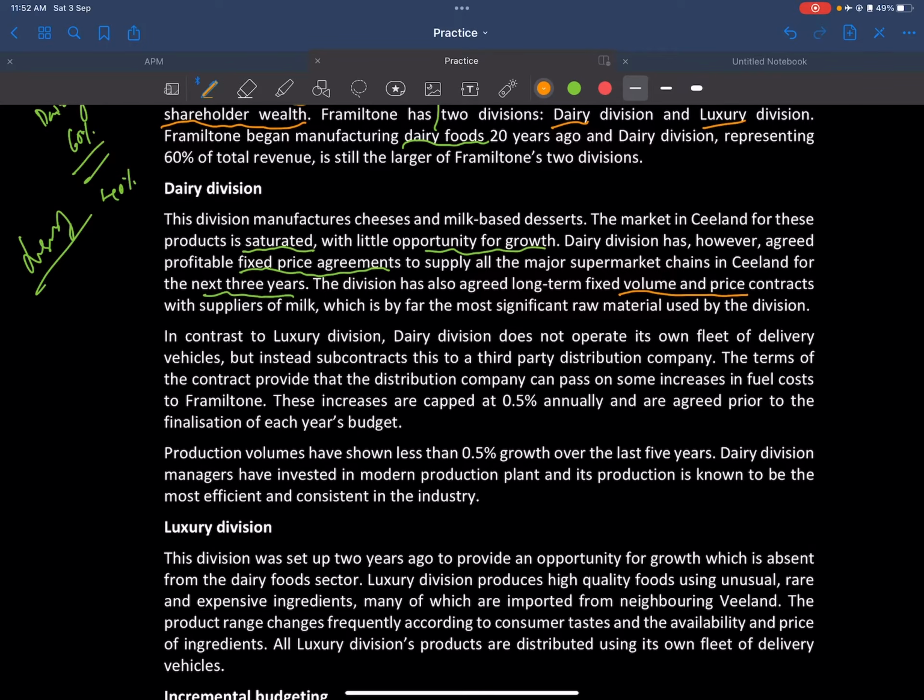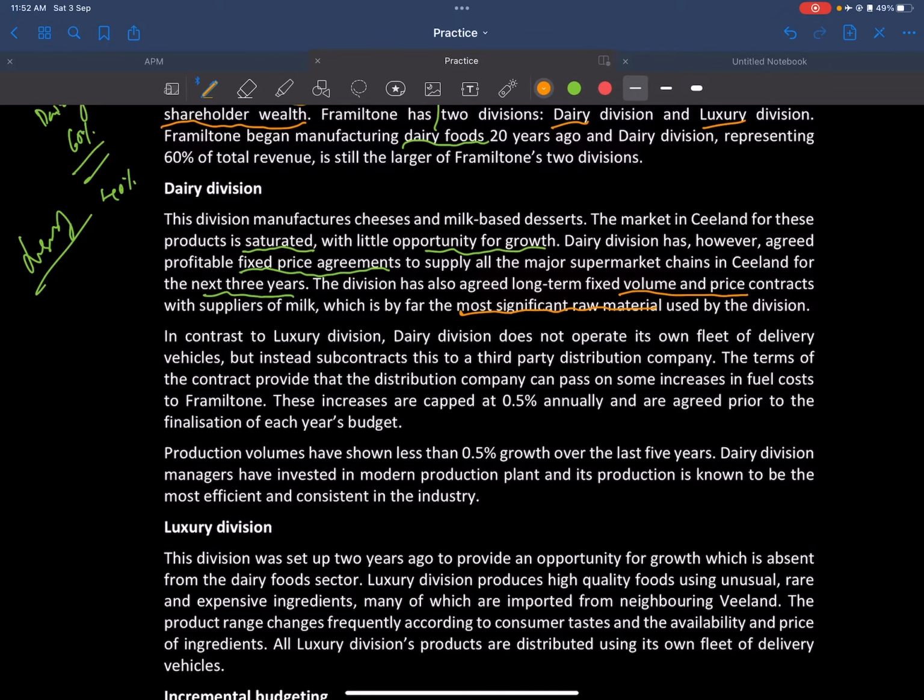Which is by far the significant raw material. If I were you, I would write this point down as well. Basically there is a fixed price agreement for revenue, and a fixed agreement for volume and price for the main ingredient used by the division, right? So that's milk.